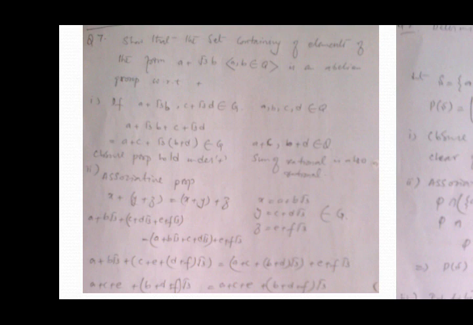For associativity, we take three numbers x, y, z in this form, and when we add these numbers, at the end we get the answer in the same form, therefore the associative property holds.